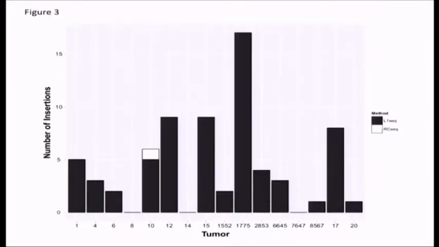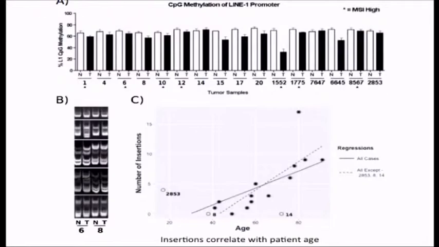And here's just to show you the numbers of insertions in each of these individuals. There were 3 individuals that had no insertions, and here's one with 17 insertions. So there was a lot of variation. And we looked for factors that might correlate with insertion numbers. We looked at CpG methylation of line 1 promoters, and there were some samples with some hypomethylation, but there was no correlation with the number of insertions and the amount of hypomethylation.